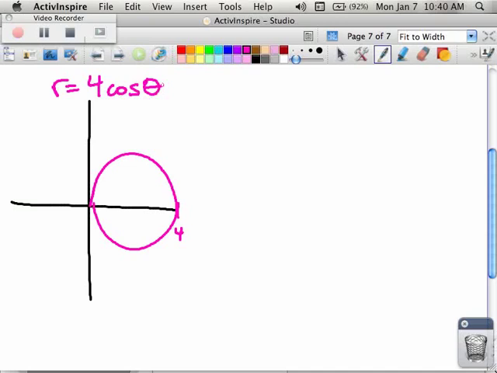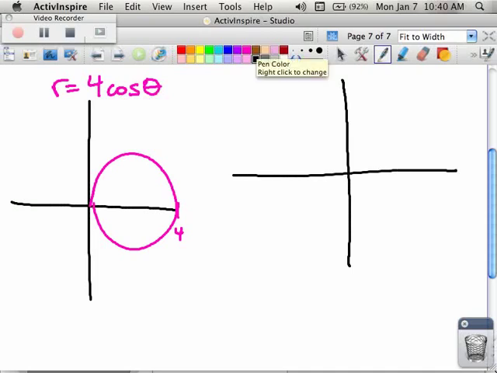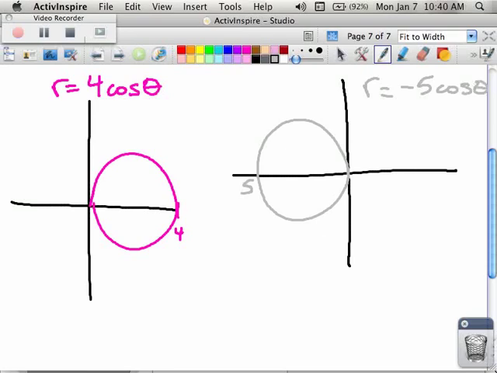And if I drew this graph, the equation of that graph would be r equals negative 5 cosine theta.